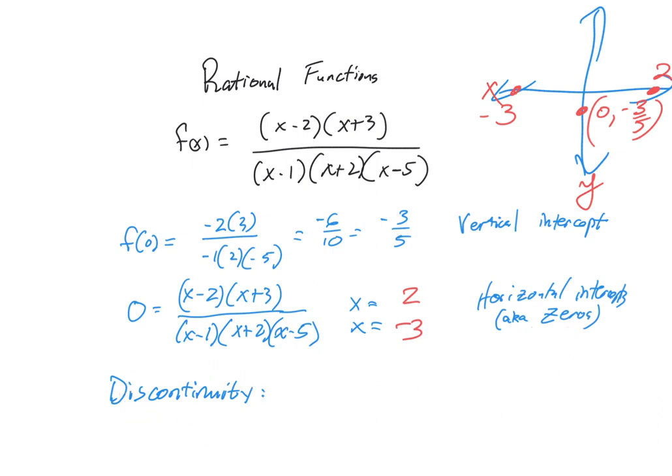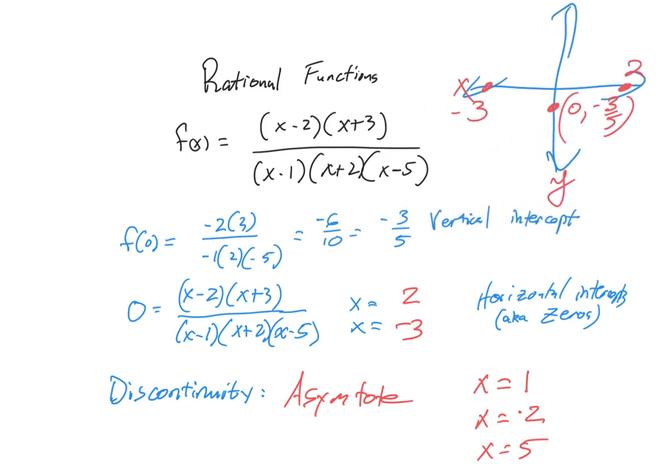My function does not function at x equals 1, because if I look in the denominator, when x is 1, I get 0. 0 times anything is 0. And you cannot have 0 in the denominator, which means I have either a point of discontinuity or an asymptote. So I'll have something at x equals 1, x equals negative 2, and x equals 5.